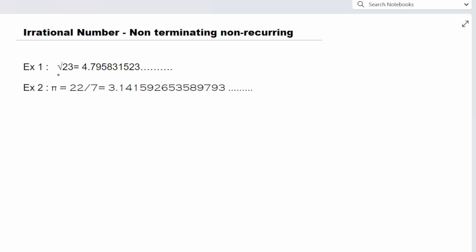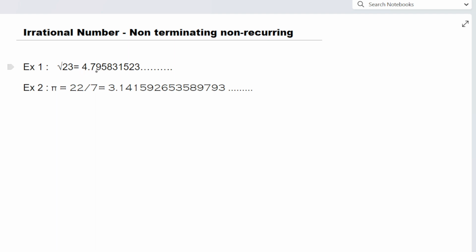Let's see the irrational number, and the difference between these two, rational number and irrational number, in decimal form. We already know the definitions of rational number and irrational number, but here specifically we are seeing them in decimal form. For example, take example 1: root 23. If I take out the root, I'll get 4.79 and so on.